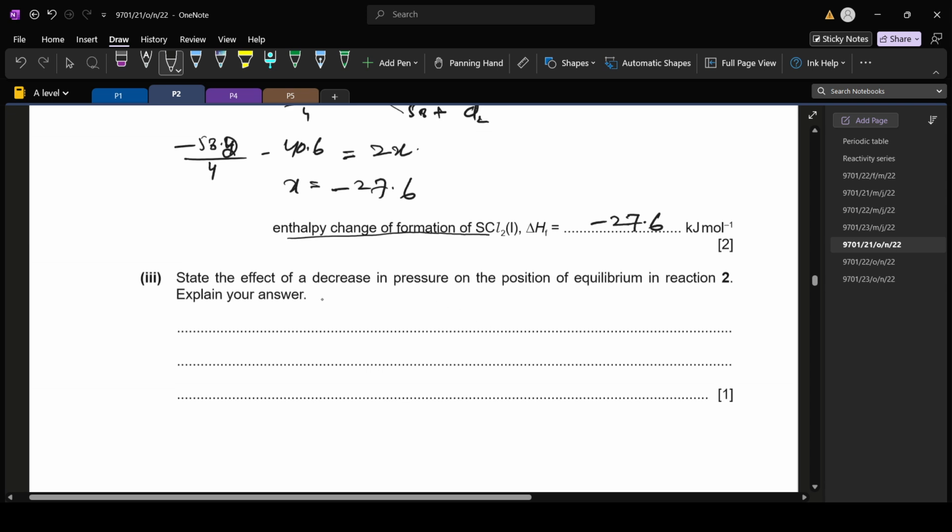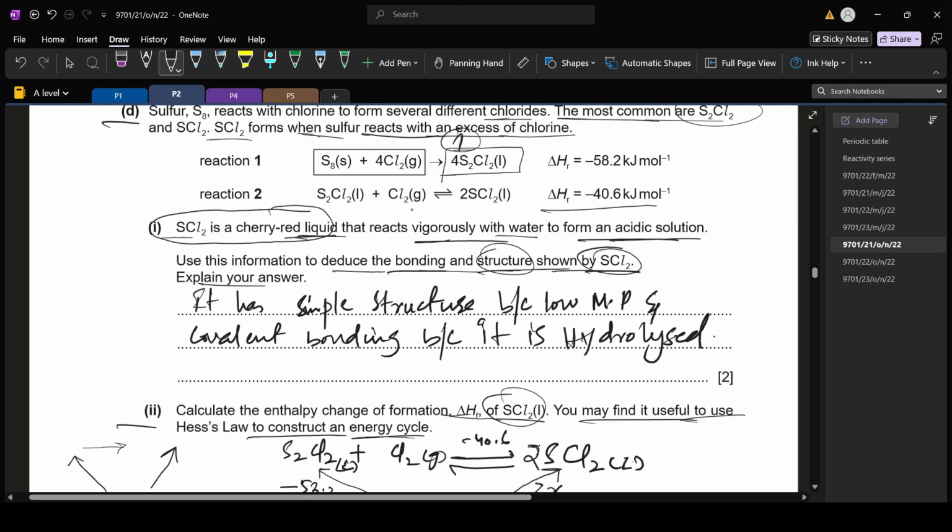Okay, moving towards the next part. State the effect of a decrease in pressure on the position of equilibrium in reaction 2. The pressure effects matter if gaseous moles are involved. If you see, there is one gas mole on the left side and 0 gas moles on the right side. So there are fewer gas moles on the right side.